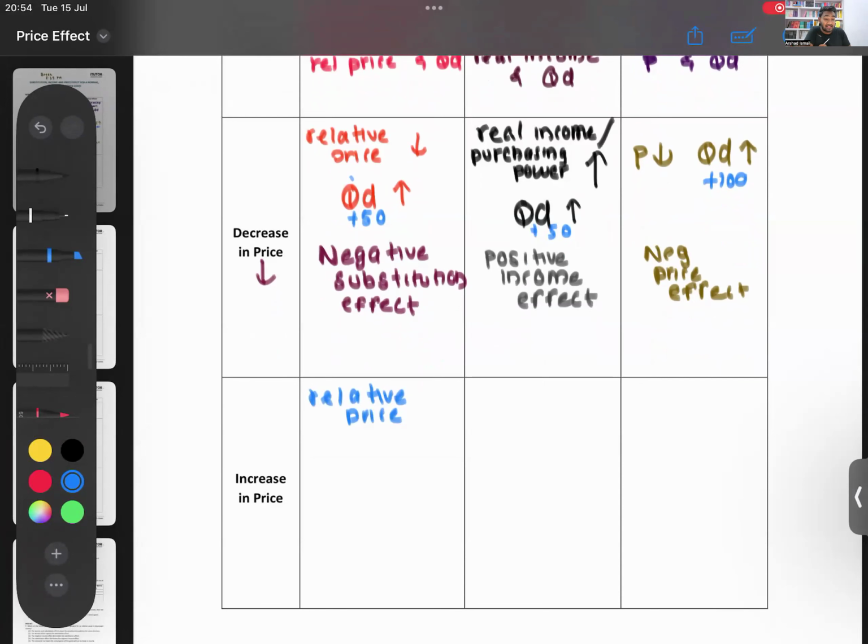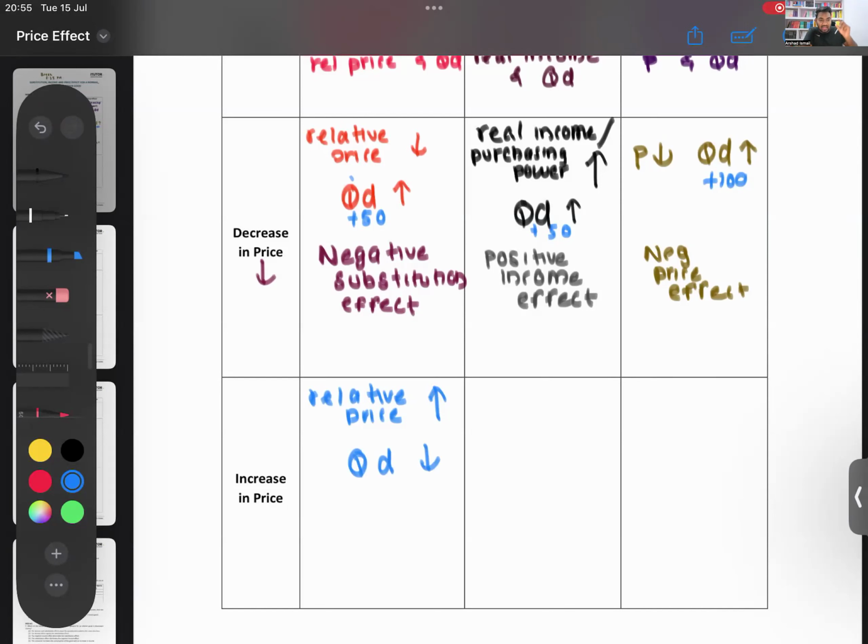If I increase my class fees, I am more expensive, no? My relative price will increase. If I increase price, relative price will increase. Then, if my relative price increases, what will happen to my quantity demand? Now, I am relatively more expensive than other classes. My quantity demand will go down.